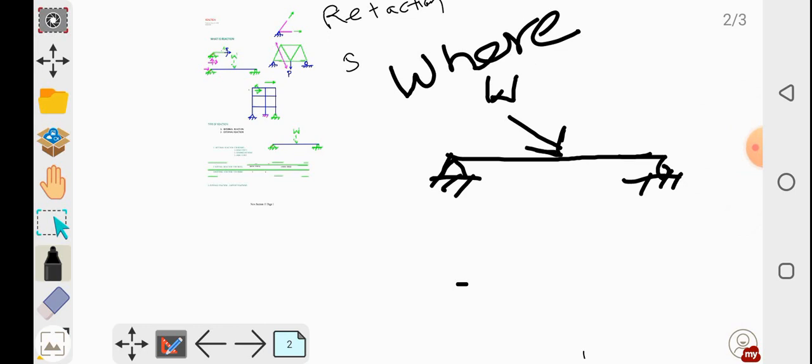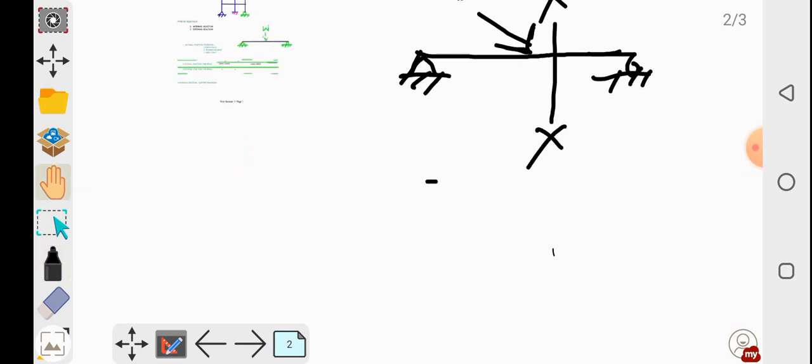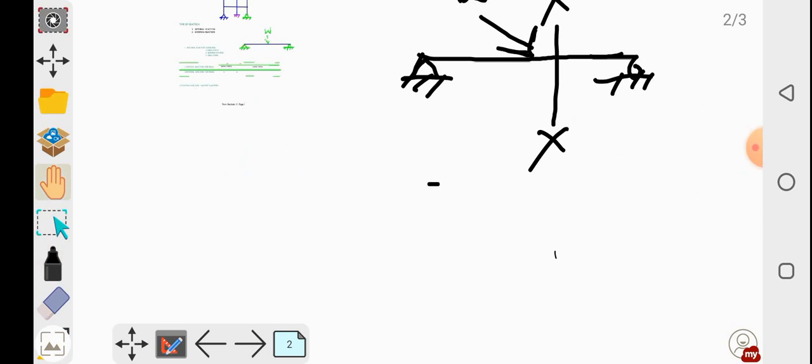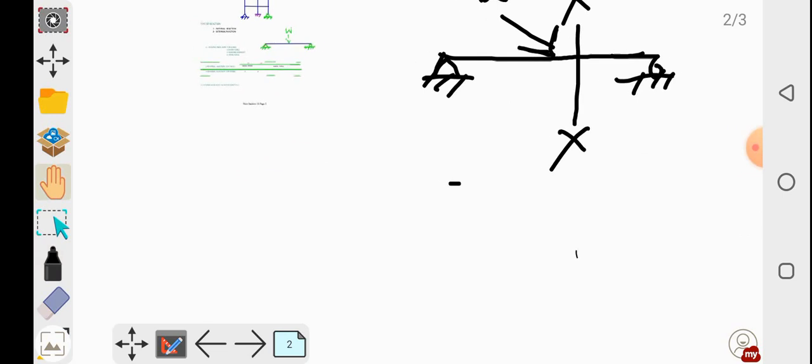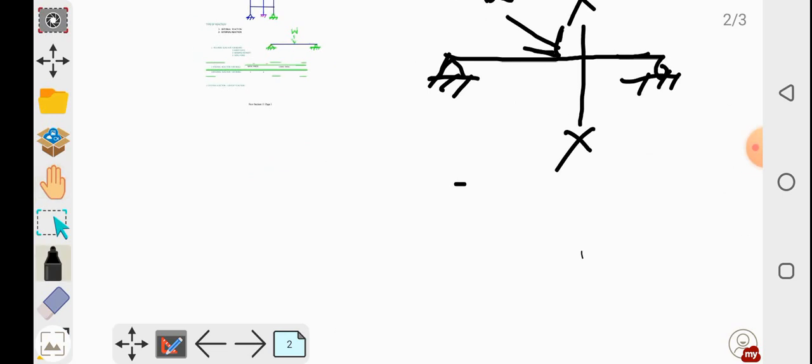Now if I cut a section here, like this, and draw a free body diagram for this beam, we have some axial force, some bending moment, and some shear force also.